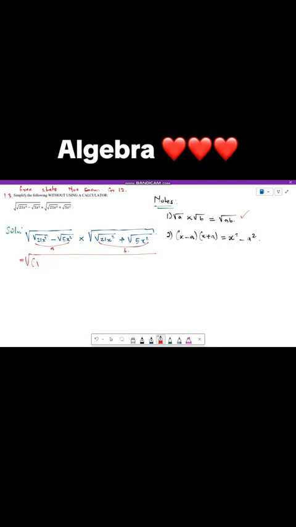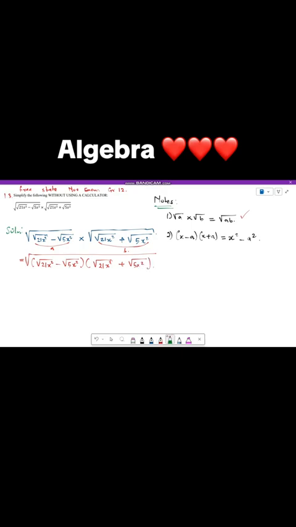So this will be the square root of 21x squared minus the square root of 5x squared, then multiplied by, remember, the square root of a multiplied by the square root of b is the square root of ab. So we're going to have now the square root of 21x squared plus the square root of 5x squared, like that.